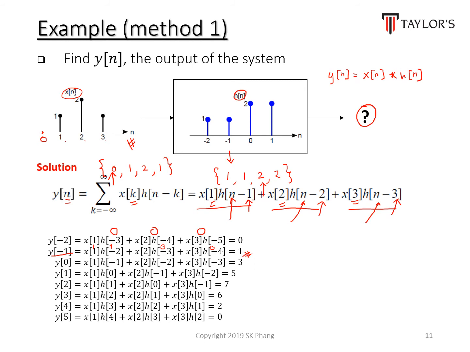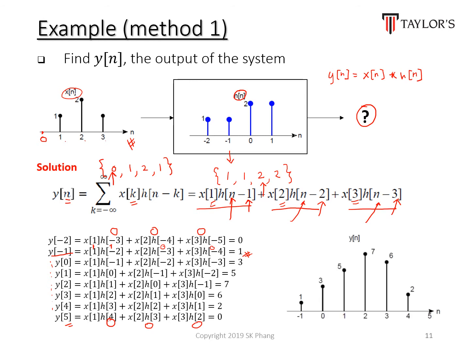Then you do the same thing for n equals 0, n equals 1, all the way until you reach a place where everything is 0 again. Let's say this is 0, and this is 0, then you can stop. So you start from everything 0, and work all the way until everything is 0 again, and that is where your limits are.